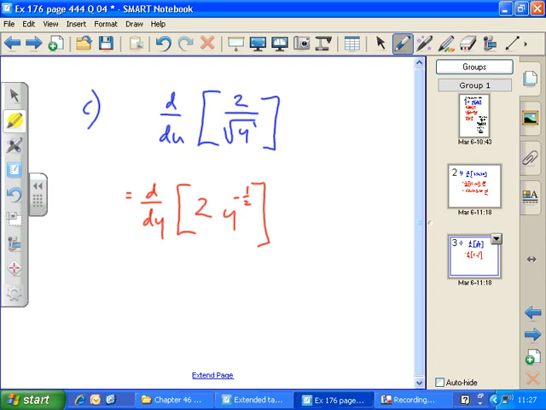And then multiply that by dy by du. Now I'm sure you can use a table of standard differentials and come up with the answer in the textbook. It's going to involve a little bit of manipulation at the end to get the solution in the book.